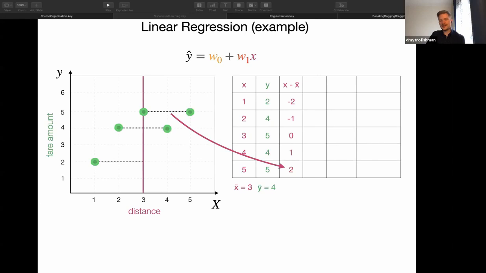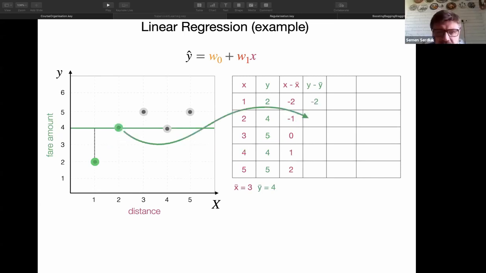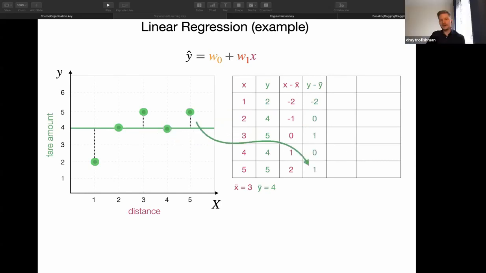Wow, that was fast. Okay, cool. We do the same for the other side. Simon, can you give us the numbers? This is -2, 0, +1, 0, and +1. Great, thank you very much.